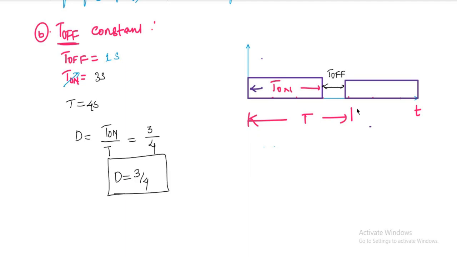Now I am going to change the turn on to 2 seconds. Turn off will be fixed, 1 second only, but I am going to change the turn on to 2 seconds.